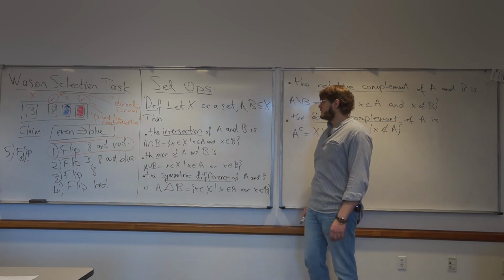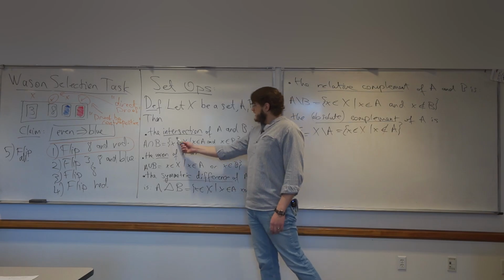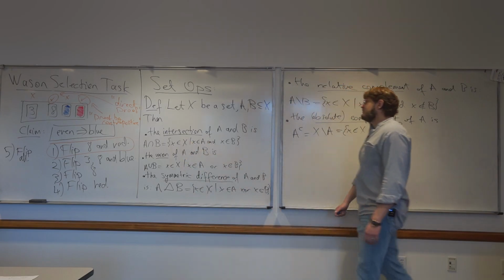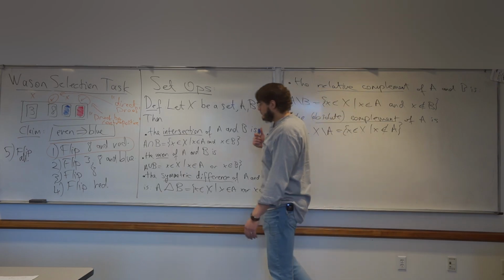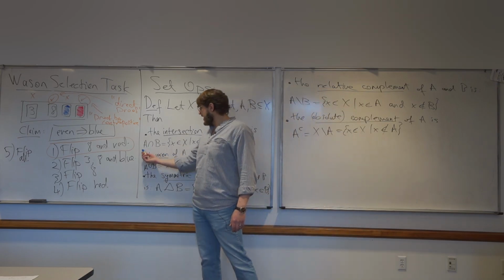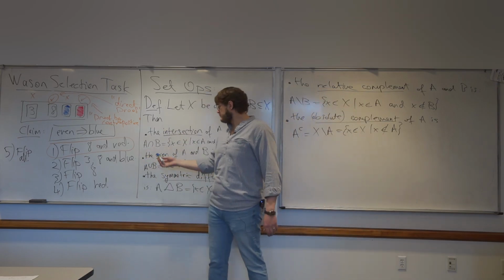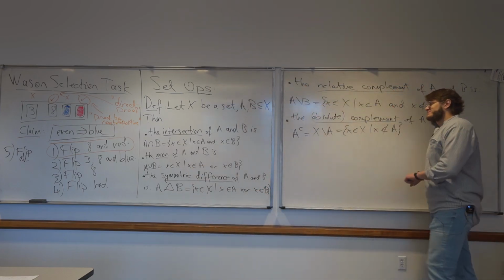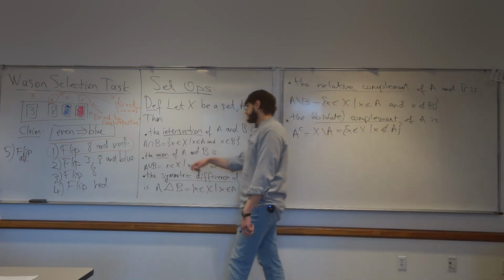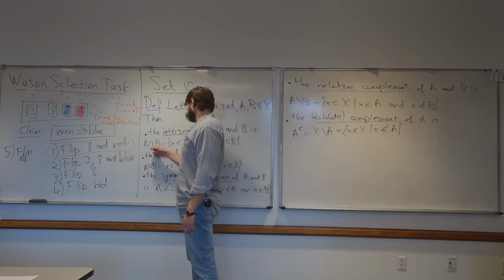Okay? Intersection. The intersection of A and B is now a new subset of X. And you use this symbol, A, and then this cap, is the term for it, I guess, B.